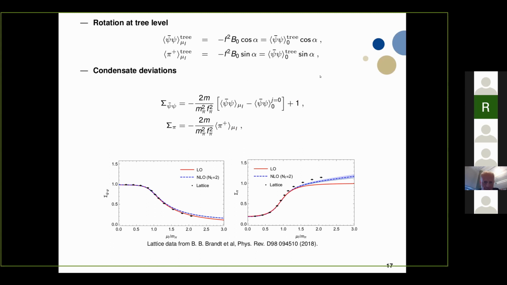But if you look at beyond tree level results, well, first of all, we define some condensate deviations here, and then you can plot those deviations as a function of mu I, and then compare with the lattice. Again, the red curves are leading order results, and the blue curves are next to leading order results, and the black dots are the lattice results.